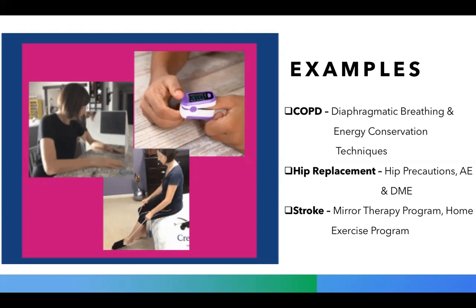For people with hip replacement, we may provide them with supports, reminding them of what their hip precautions are and how to use any adaptive equipment or durable medical equipment. And for people who've had a stroke, some examples include establishing a mirror therapy program right away, or creating a home exercise program for them.